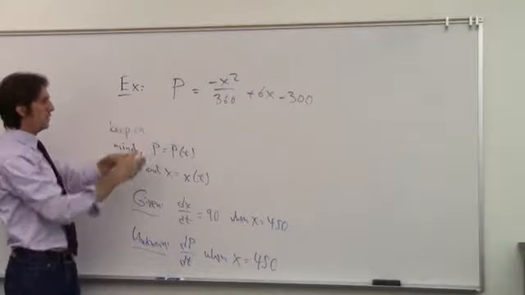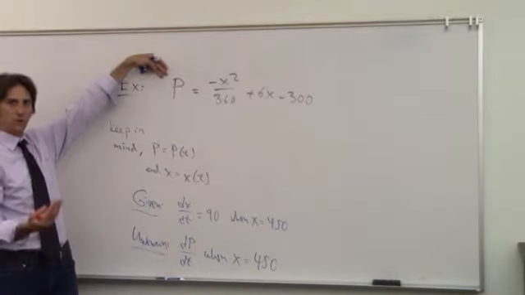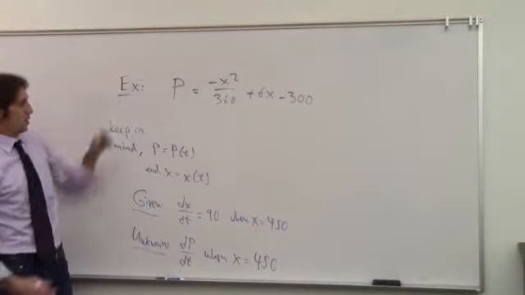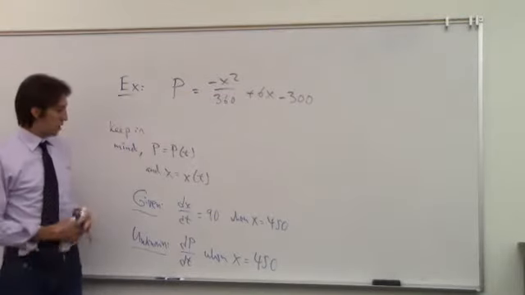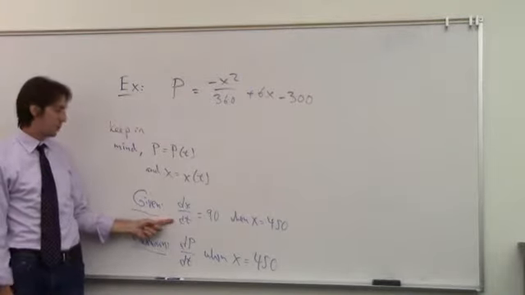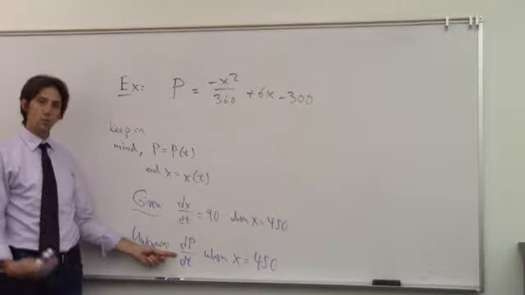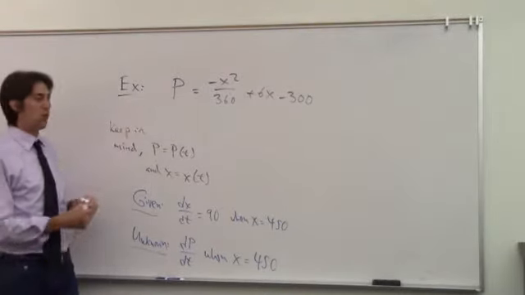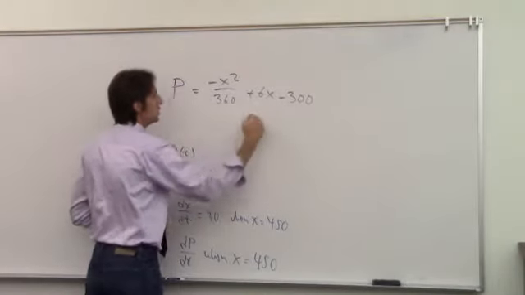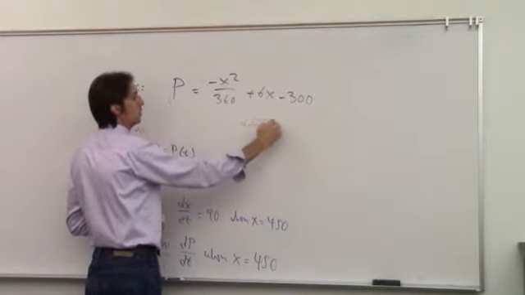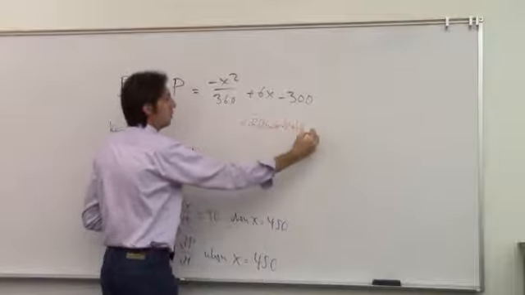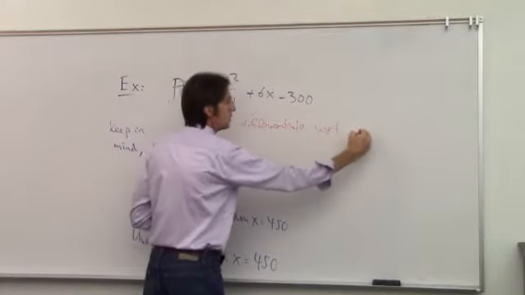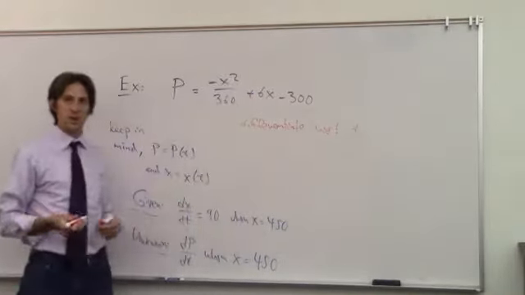As you can see in the equation, we don't have any derivatives at the moment. We just have p and x. But of course, we're given information about the derivative of x, and also we want to find the derivative of p. In order to get the derivatives into the problem, we have to differentiate the given equation with respect to time, with respect to t.